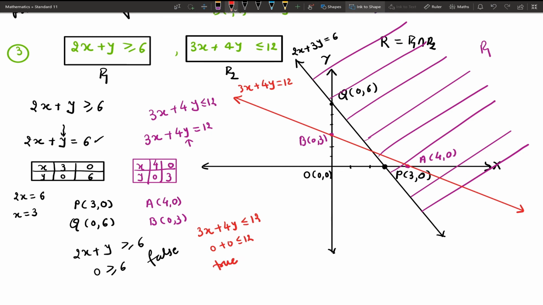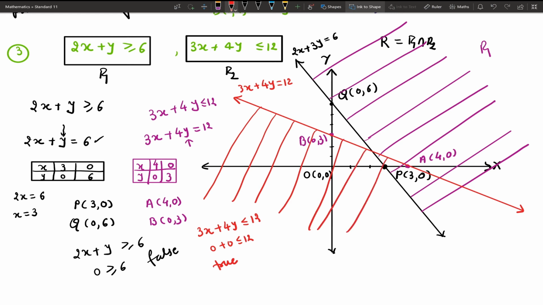That means the inequality is a slack inequality, so the solution is a closed half plane. Region R2 is the closed half plane containing the origin. So now you can easily observe that this is our region R2.